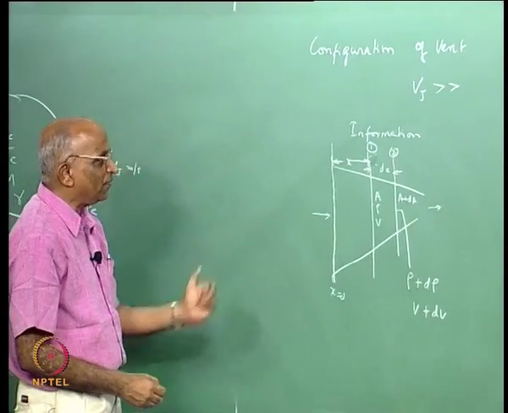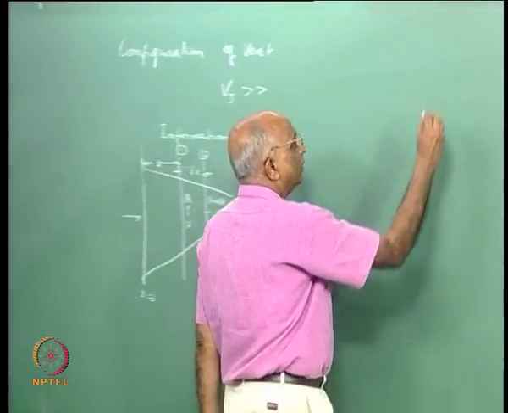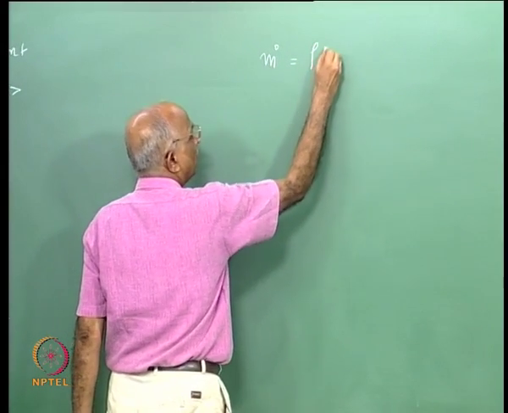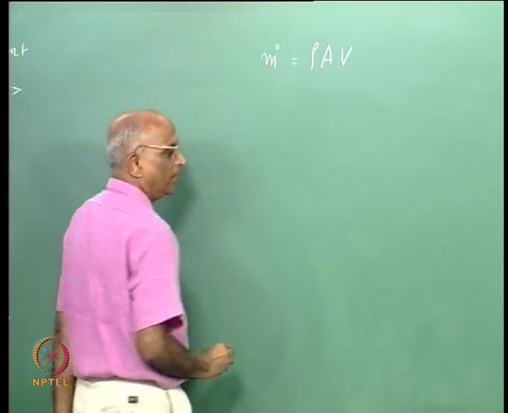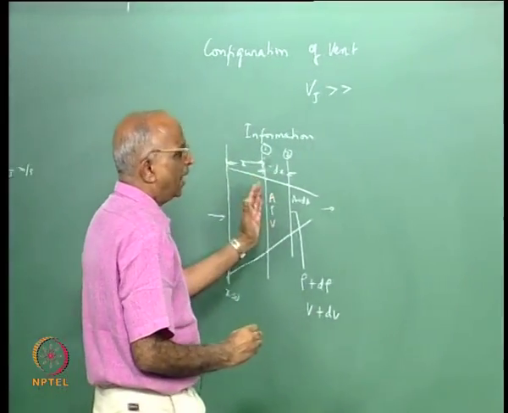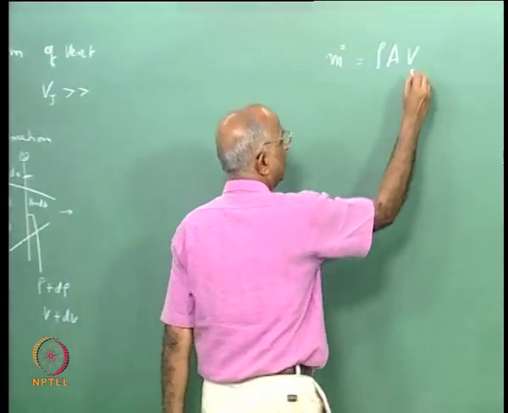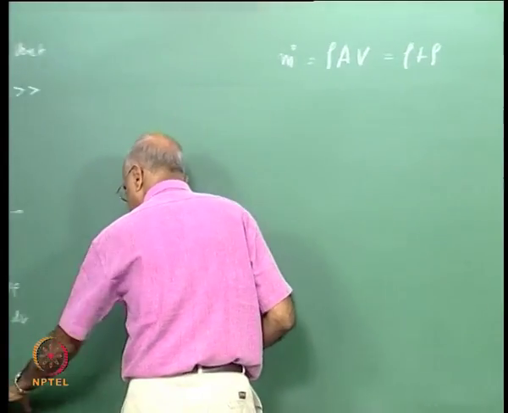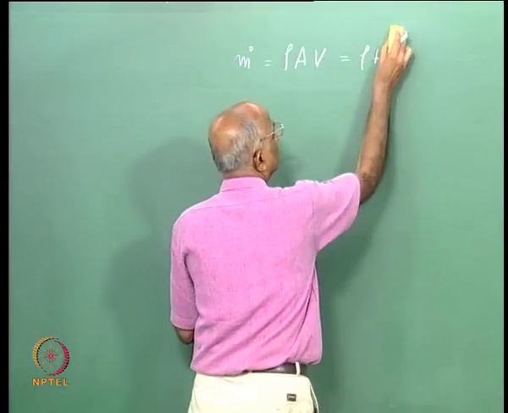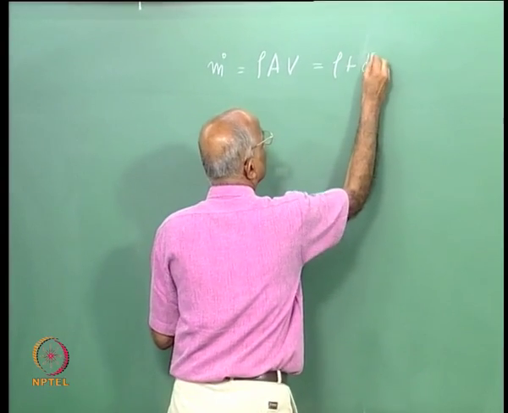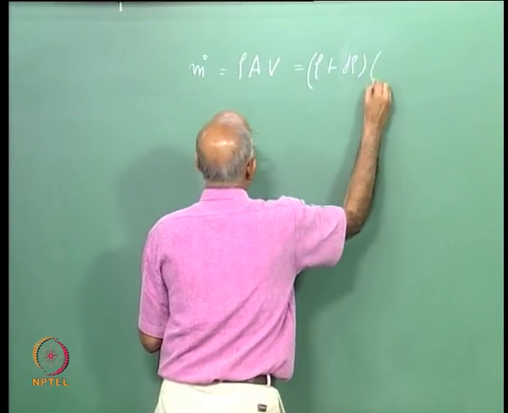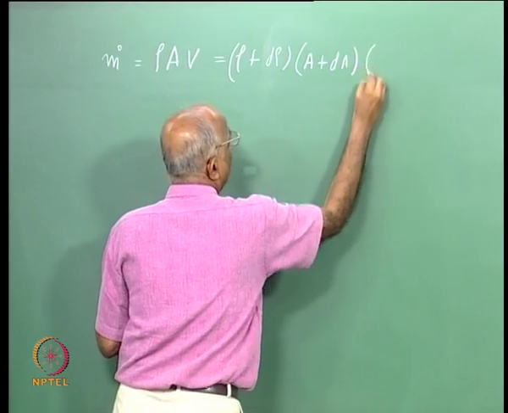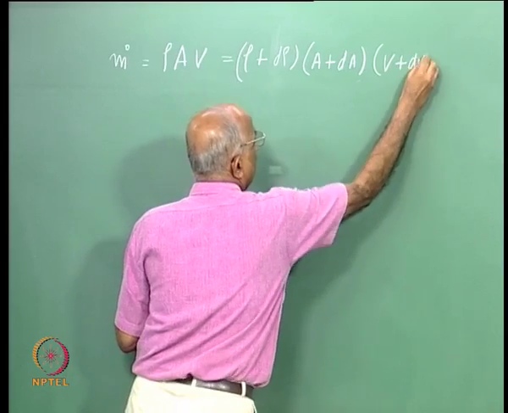When I consider a steady flow through this opening or vent, I have the mass flow rate m dot in kg per second equal to rho A v through section 1, and the same thing flows through section 2, which is equal to rho plus d rho, that is the density at section 2, into A plus dA into v plus dv.